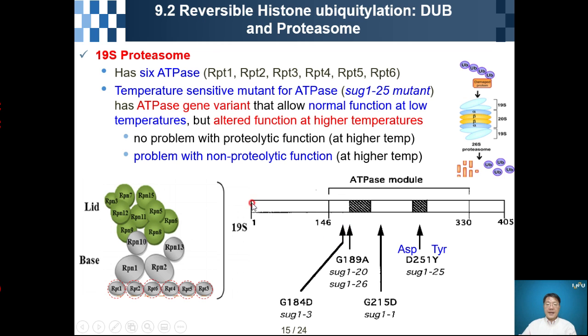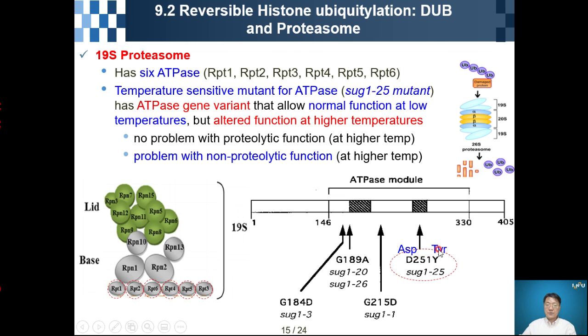This is the ATPase gene structure, which is composed of 405 amino acids. In the SOC125 mutant, the amino acid at position 251 is aspartate, but in this mutant aspartate is changed to Y.